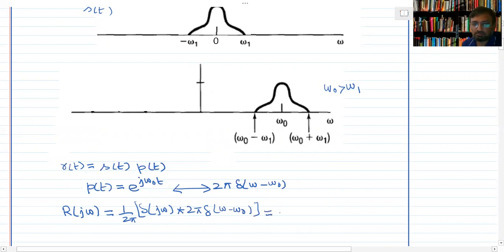So 1 over 2π will get cancelled with 2π and we will get S(j(ω minus ω0)). Because when we convolve any signal with an impulse, we get back the same signal. And if we convolve a signal with a shifted impulse, we get a shifted version of that signal.